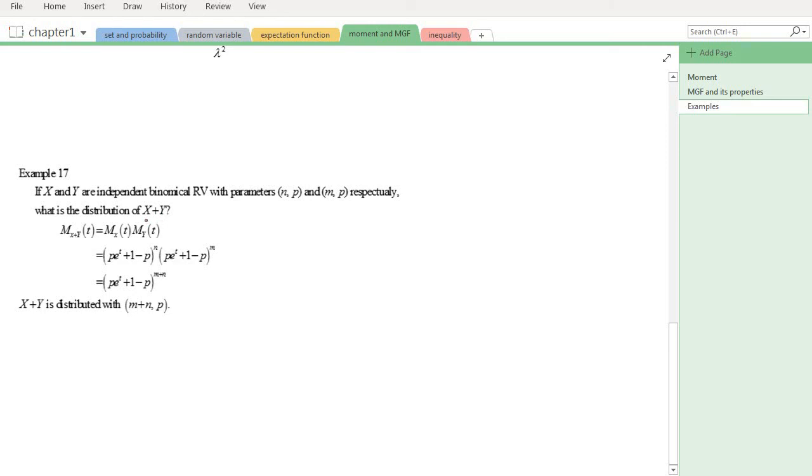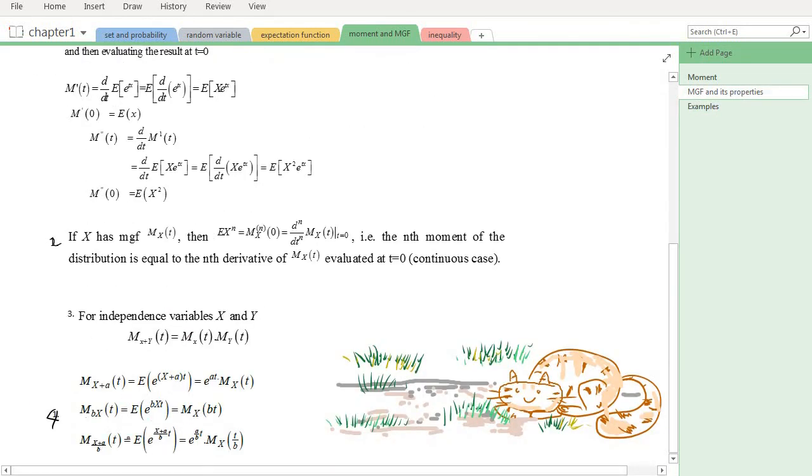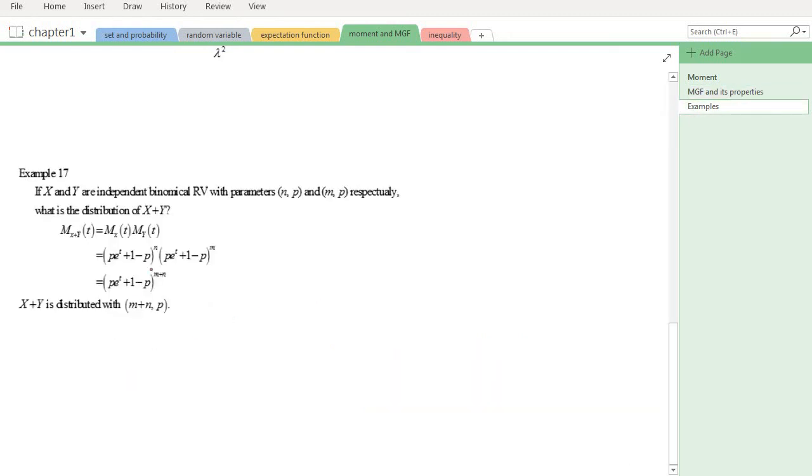So we can utilize the moment generating function, this formula, as we learned here in number 3, for x plus y. So we apply this formula, and then we are able to solve it. First of all, we need to solve for MX(t) and MY(t).